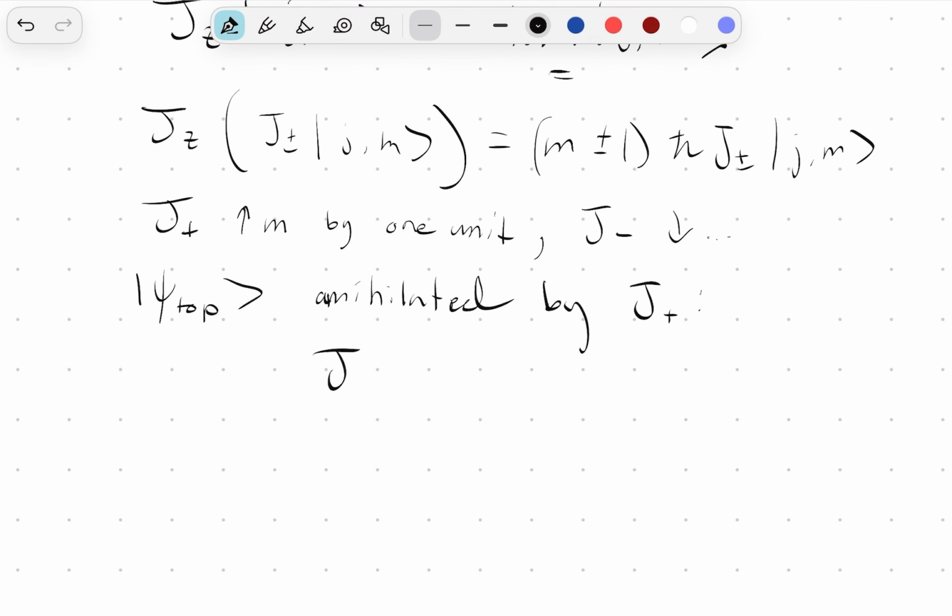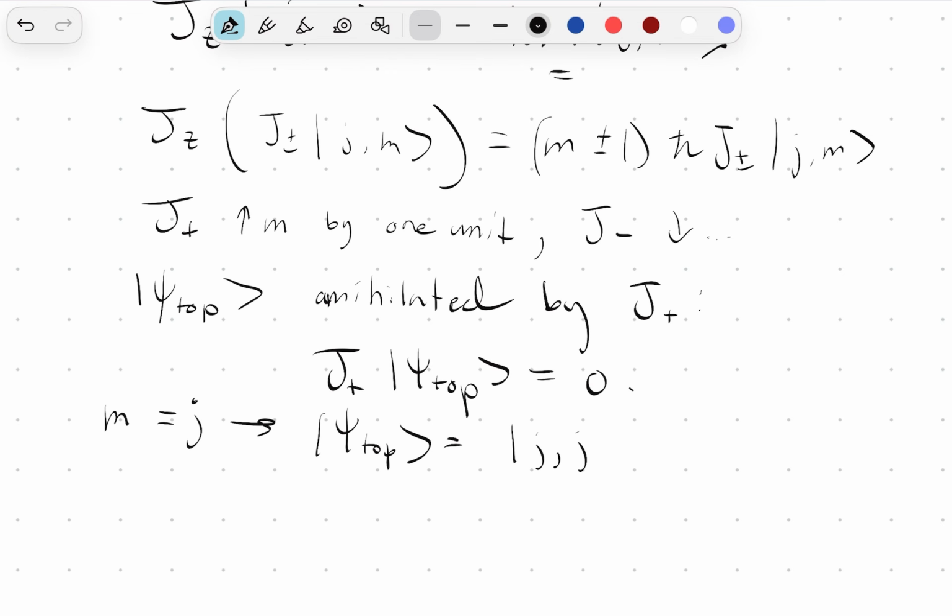So we should be able to raise this top state essentially into nothing. And labeling the state by its maximum value, m is equal to j, we would have that at the maximum value, the state itself is |j j>.